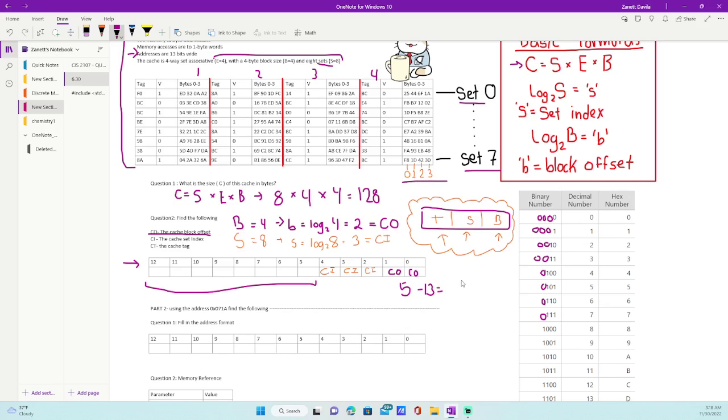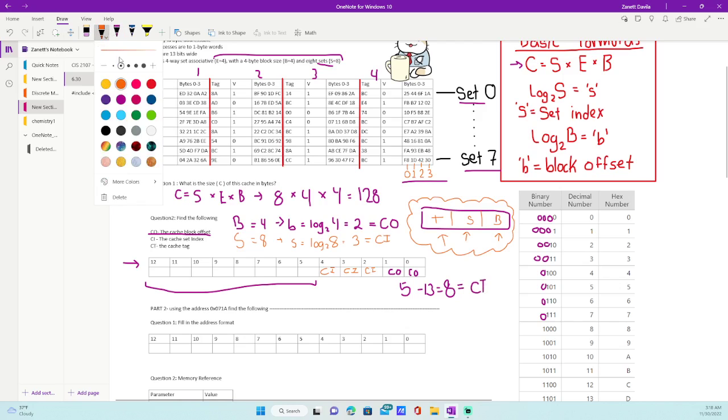Sorry, I'm having a little bit of a brain fart here. I'm just going to use my calculator. It would be negative 8, but we don't care about that. So 8 would be our CT.